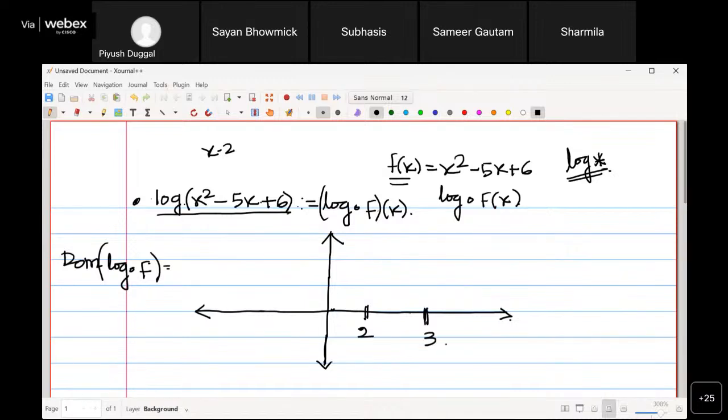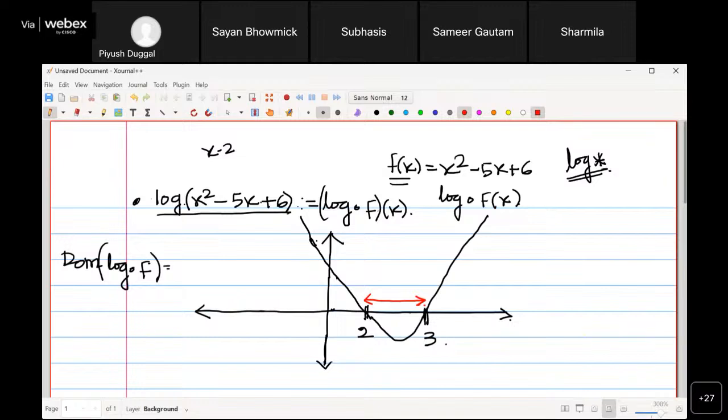So if I draw this graph, it should look like this: it will come here, then cross, and again go up. So as you can see, in between 2 to 3, this parabola is certainly negative, less than or equal to 0, right?